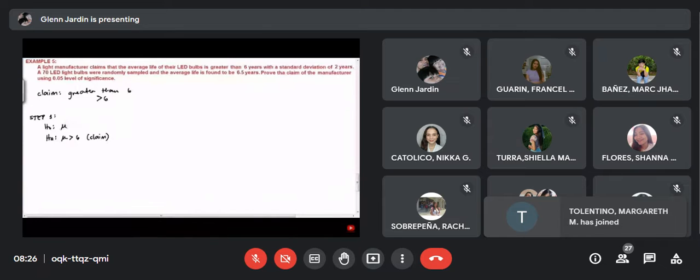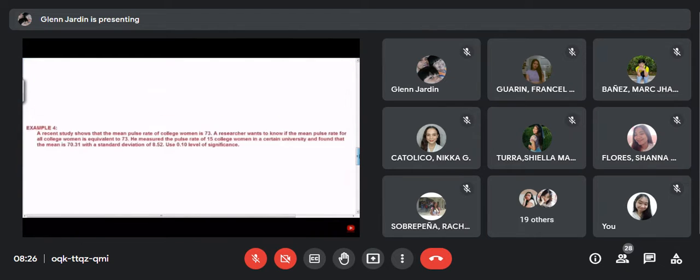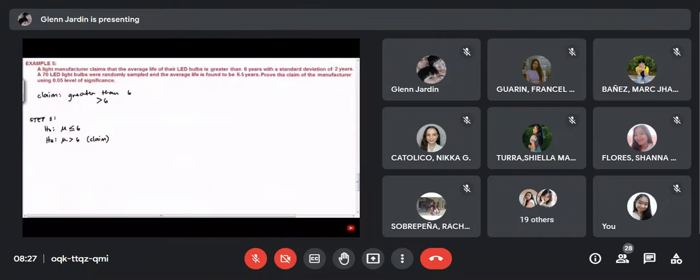Iko-kontra yan ni HO. So, HO would be less than or equal to 6. Basta guys, palagi niyong tatandaan, kapag ka-equal, nandito sila sa HO. Kapag walang equal, less than, greater than, not equal, nandito sila sa HA. Kasi guys, ang claim, hindi yan palagi nasa HA. Pwedeng lumipat-lipat yan. Okay? So, ganun siya.